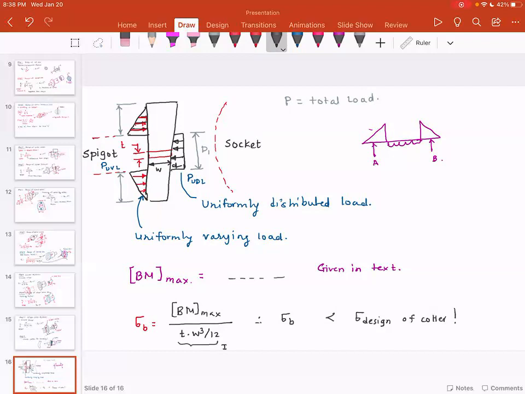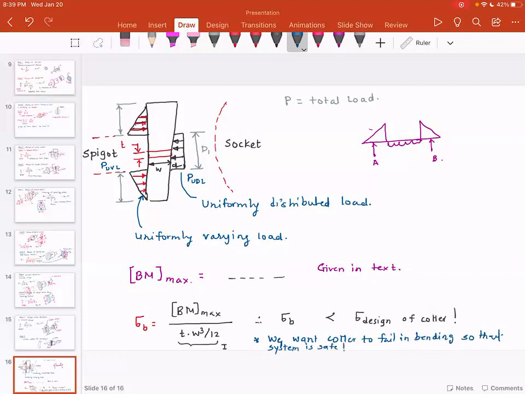So if the cotter joint is going to fail, we want the cotter to fail in bending so that the system is safe.